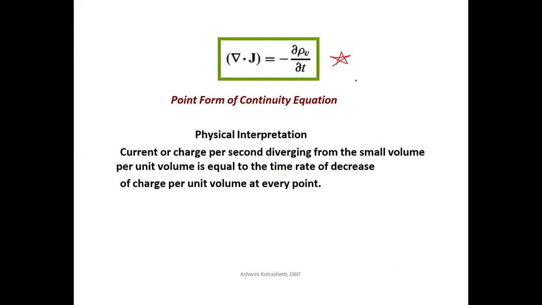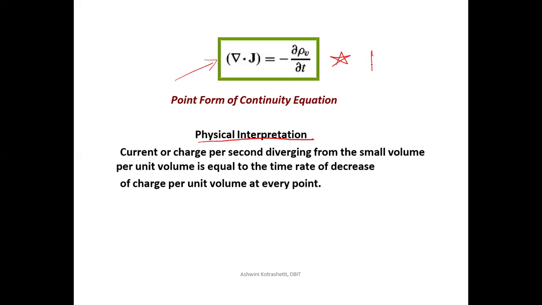You don't have to remember this derivation, but you have to remember the continuity equation. What does it mean? It means that the current, or charge per second, diverging from the small volume per unit volume is equal to the time rate of decrease of charge per unit volume.